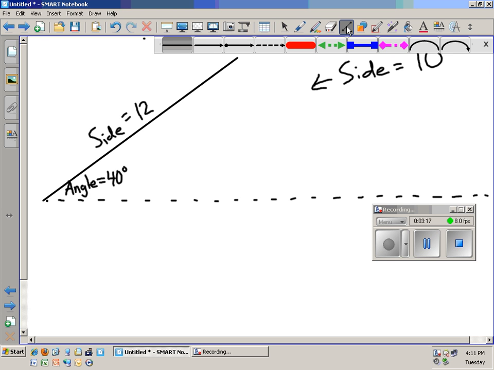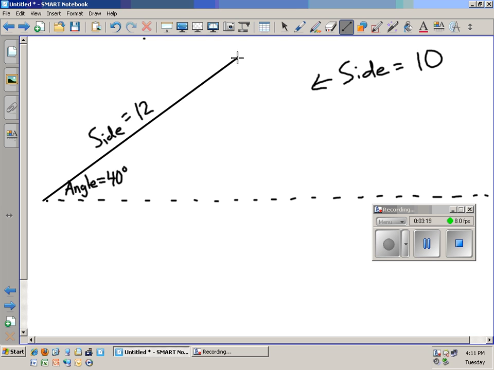Well, you notice if I take this side, which is 10 units long, if that one's 12, I suppose 10 would be right about here. Notice that this triangle satisfies these properties: a side of 12, a side of 10, and an angle of 40. But if I swing this like a pendulum, I've created another triangle that looks entirely different.